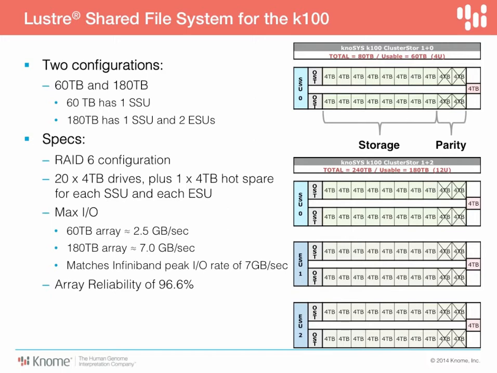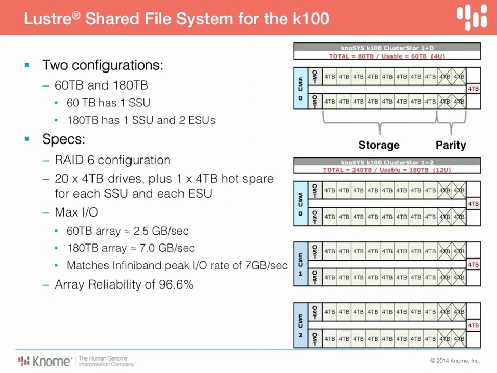So we have an InfiniBand system that's capable of 7 gigabytes a second, which was chosen to be somewhat matching to the maximum I/O rate of the larger configuration. Hopefully that's clear. And of course, this array has a reliability rating of just under 97%, which is really good. So that's the shared file system for the K100.